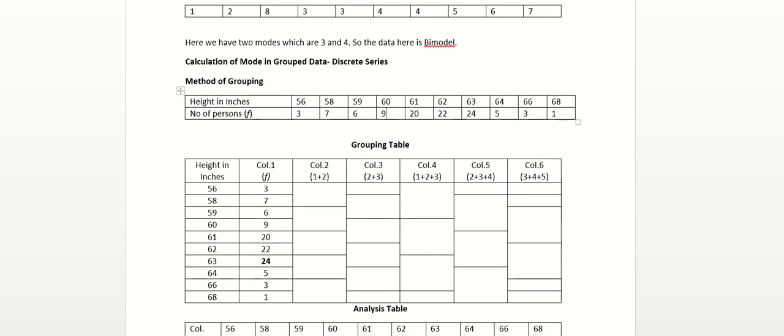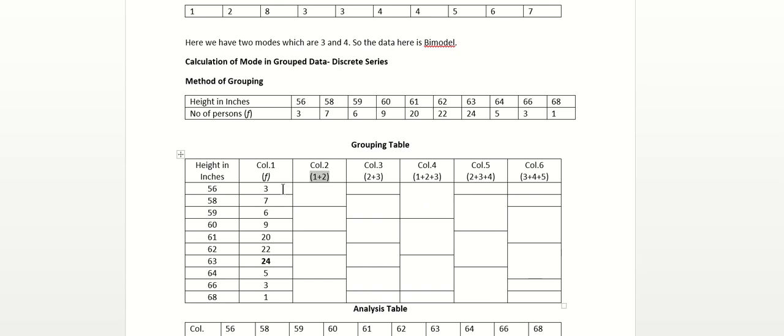Here you can see I have created a table. This is height in inches, this is column 1, and this is frequency, right? Now we have to create a few more columns here. So how do we calculate those columns? For the first column, we add the first and second observations.